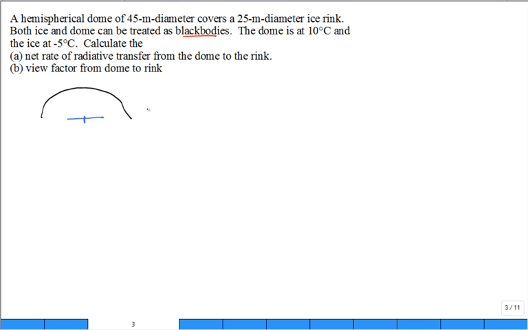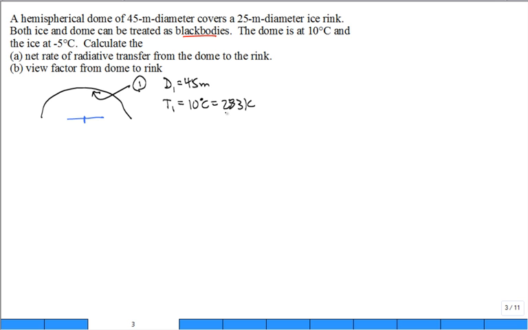So organizing the information, we'll call this surface 1, the interior roof of the hemispherical dome. The diameter of 1 is 45 meters, and the temperature of 1 is 10 degrees C. Might as well convert that right away to 283 Kelvin.